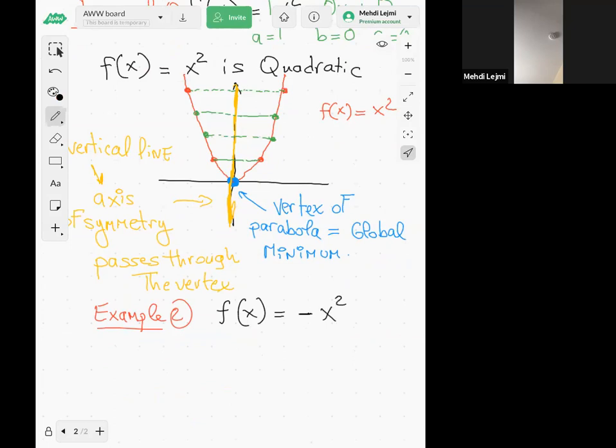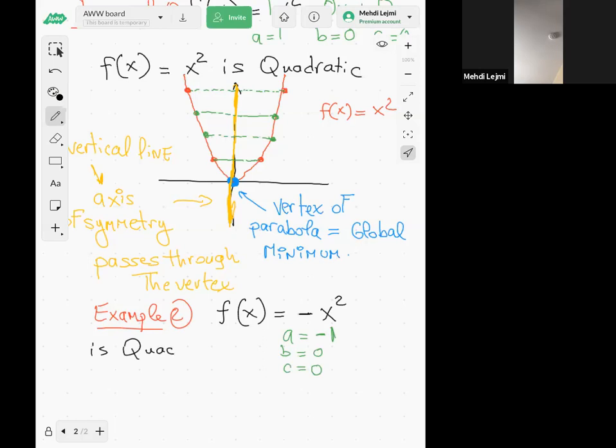Of course, this is a quadratic because your a is not 0, it's -1. Your b is 0, your c is 0, right? But anyway, your a is not 0, so it's a quadratic function.